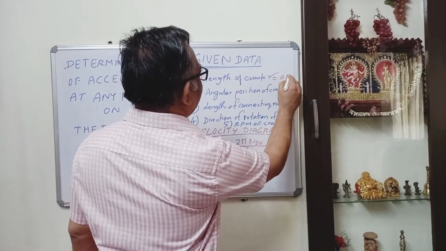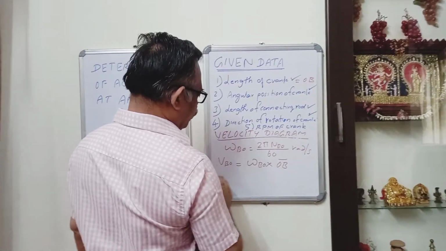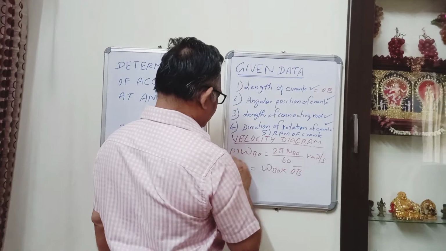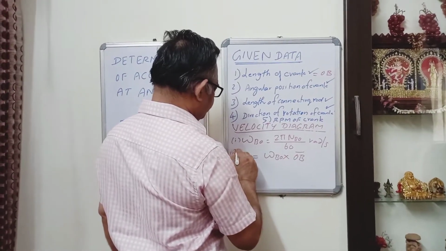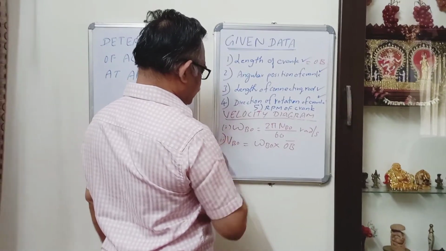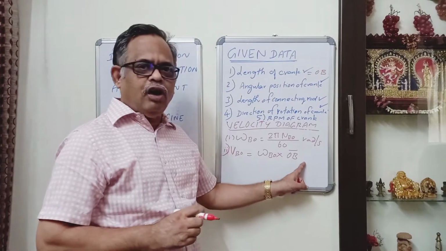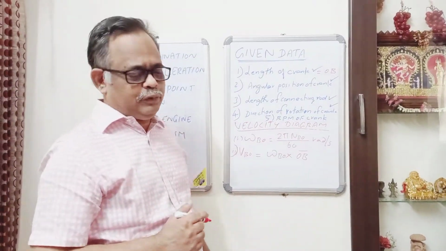This is step 2. These two details are very much essential to draw the velocity diagram.